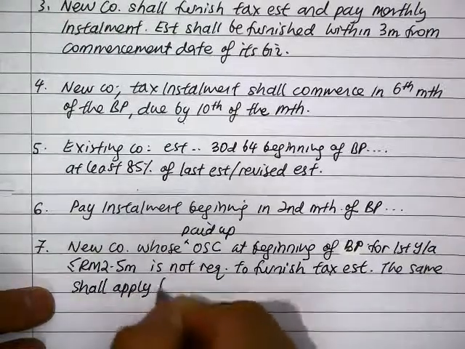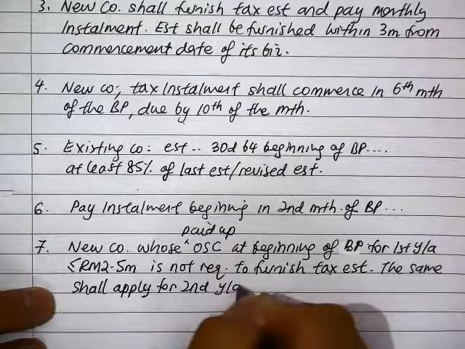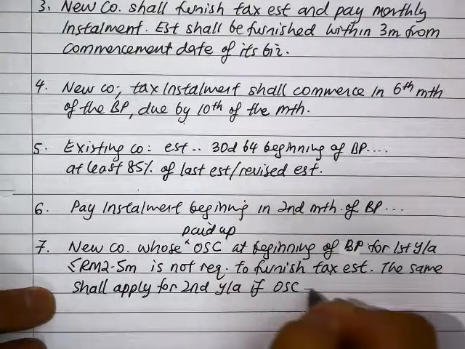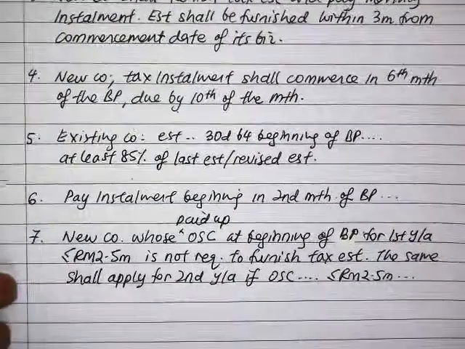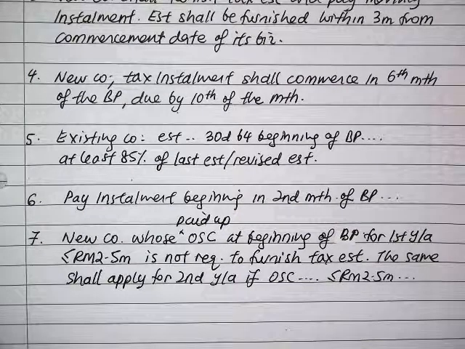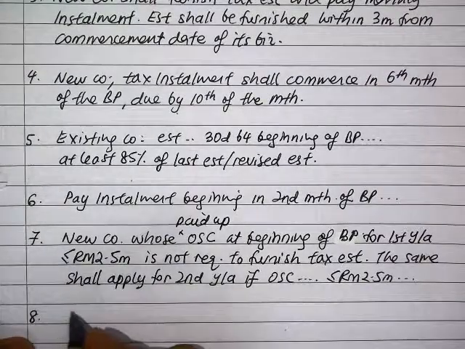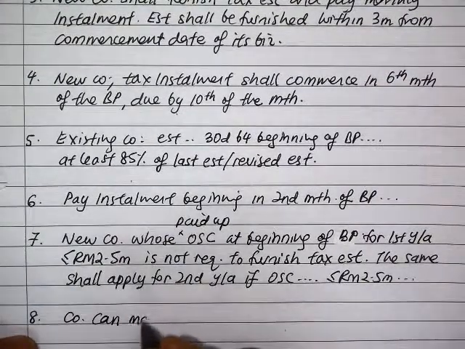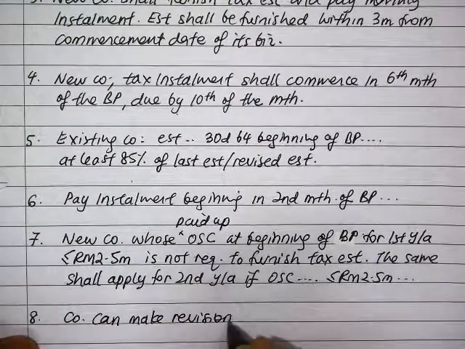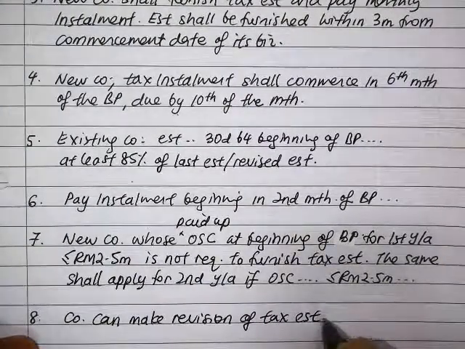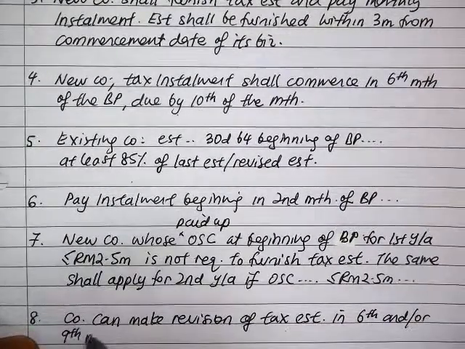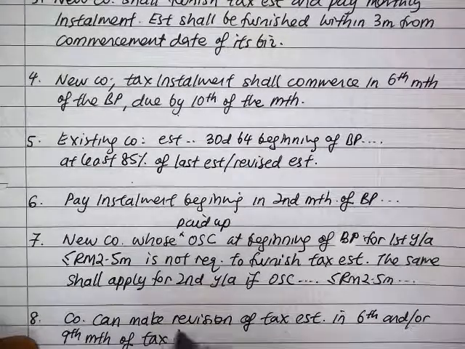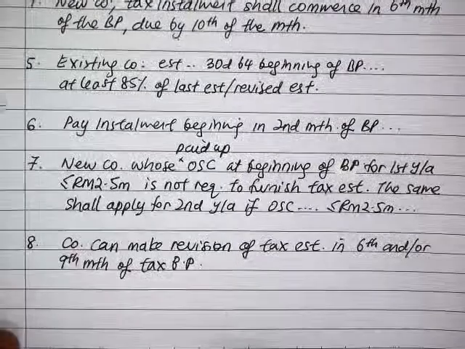And the same shall apply for the 2nd year of assessment if the OSC does not exceed 2.5 million as well. The company can make revision of tax estimate in 6 and or 9 months of the tax basis period.